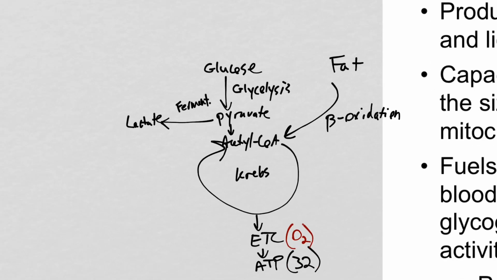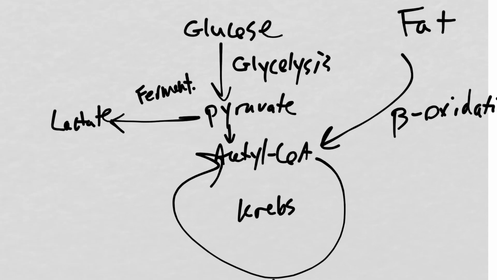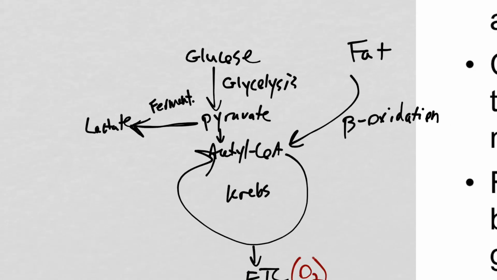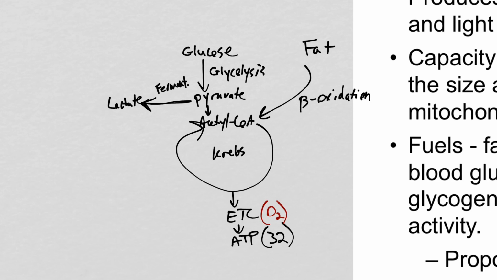Which means a lot of your pyruvate is still going through this aerobic pathway to make ATP with oxygen. You're just putting an additional amount this way through fermentation to make lactate. They both require glycolysis. And so if you're trying to maximize ATP production, you're going to use as much glucose and fat as possible. You'll maximize the aerobic part of this with oxygen.